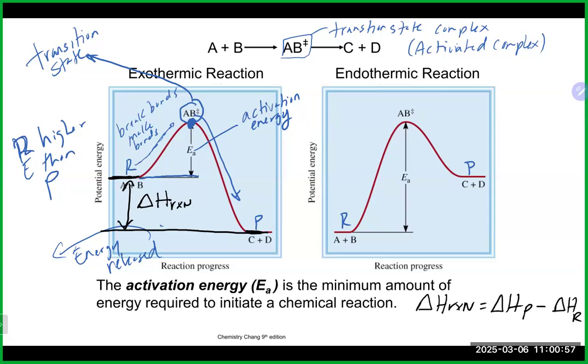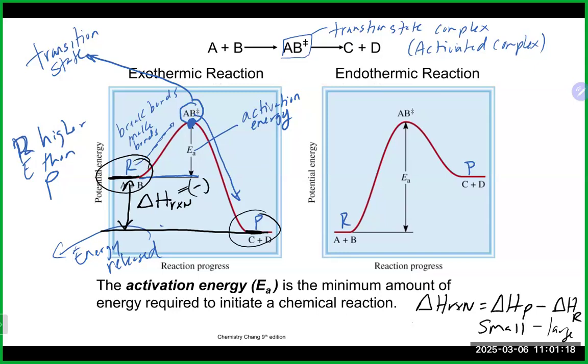And if you just think about it mathematically, in an exothermic reaction my products are a smaller number in energy than my reactants. So if you take a small number minus a larger number, you end up with what type of number, positive or negative? You end up with a negative value, right?